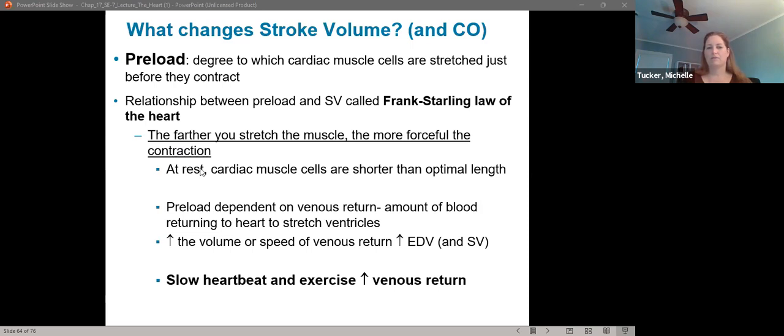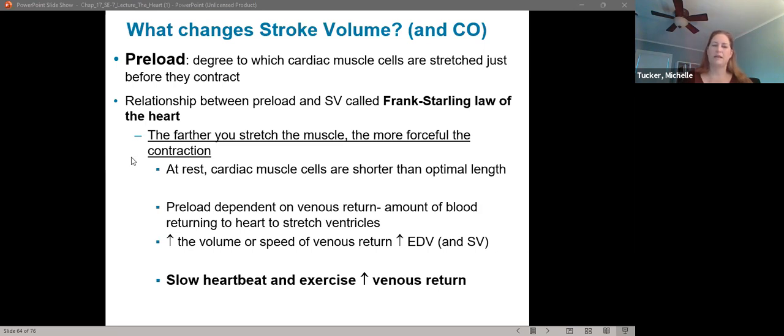At rest, cardiac muscle cells are much shorter than the optimal length. So they contain much more of a reserve to the number of cross bridges. If they're short, they can only make like 60% of their cross bridges. When they get stretched, they can make 190% of their cross bridges.